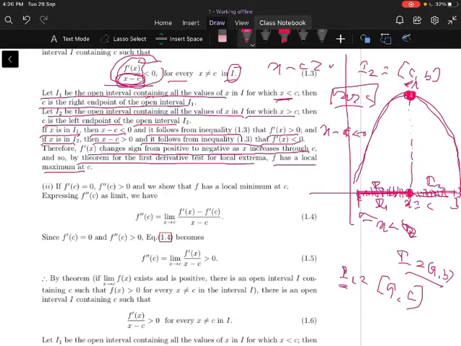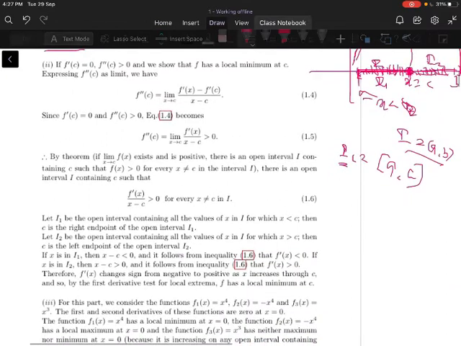This point is the local maximum value. So at this particular point x equal to c, the function has a maximum value. So this function has a local maximum value at x equal to c. Therefore c comma f of c is a local maximum, so f of c is a local maximum value.